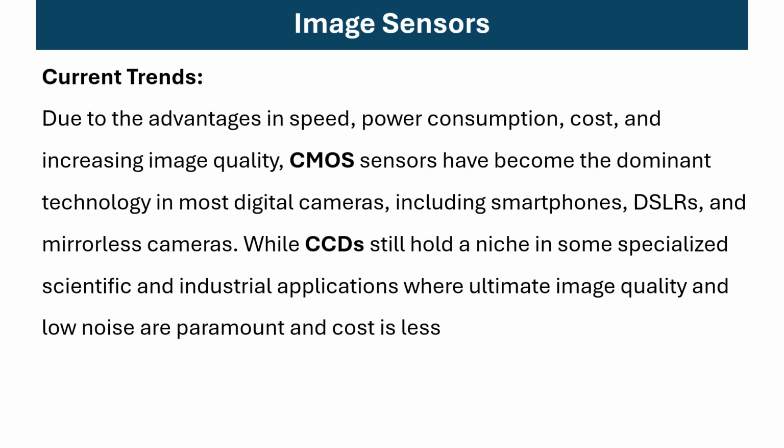While CCDs still hold a niche in some specialized scientific and industrial applications where image quality and low noise are paramount and cost is less of a concern. But from now, let us know that CMOS are the predominant sensors used in most digital cameras.